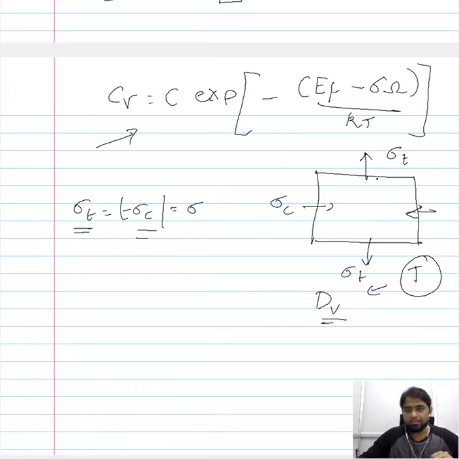We assume that the magnitude of the tensile loading and the compressive loading is equal, only the directions vary. So by convention, the tensile load will assume a positive value, and the compressive load will assume a negative value.